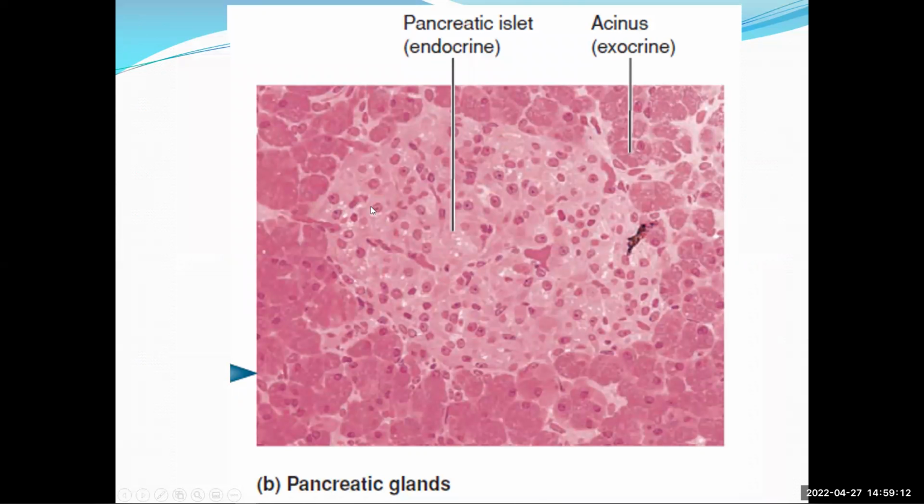The reason why they call it an islet, like a small island, is because when you look at it on a microscope, it looks like an island in a sea. It stains a little lighter than the surrounding tissue. That's how they could identify the pancreatic islet. So it's very much like an island inside of a sea.